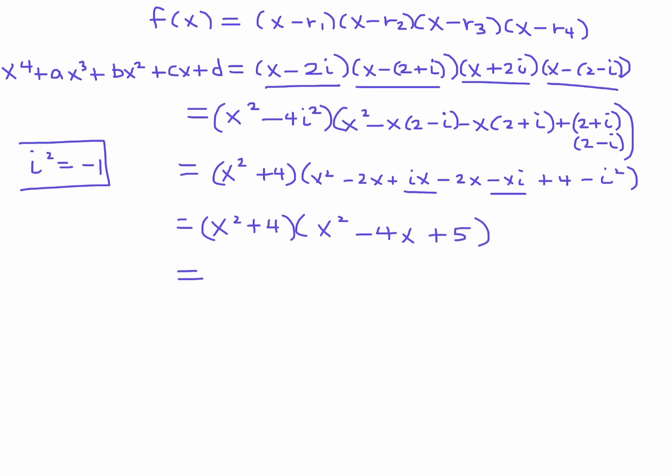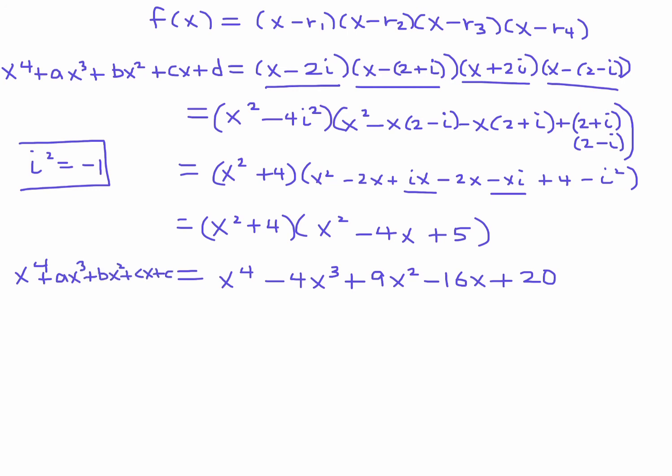And then we've got to multiply this all out, and if you do, you get x to the 4th minus 4x cubed plus 9x squared minus 16x plus 20. And that is equal to x to the 4th plus ax cubed plus bx squared plus cx plus d.